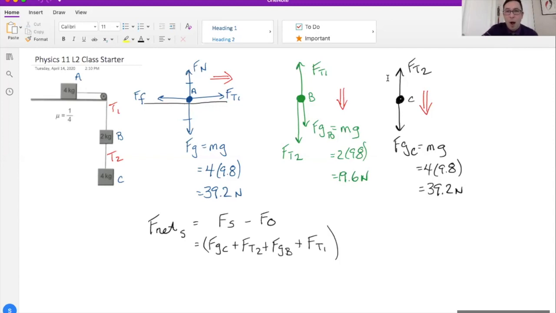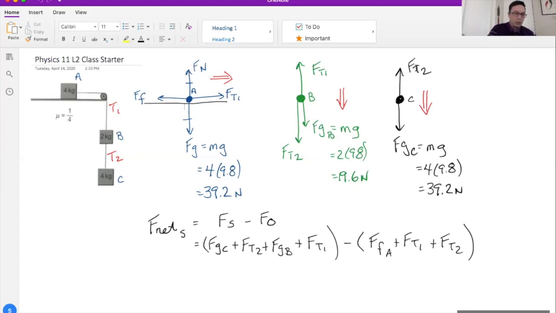All the forces opposite to the direction of the arrows of motion will be friction on A, tension T1, and tension T2. So let's put those in as our opposing forces. Force of friction on A, force of tension 1, and force of tension 2.